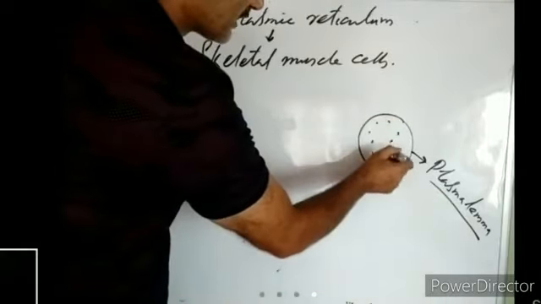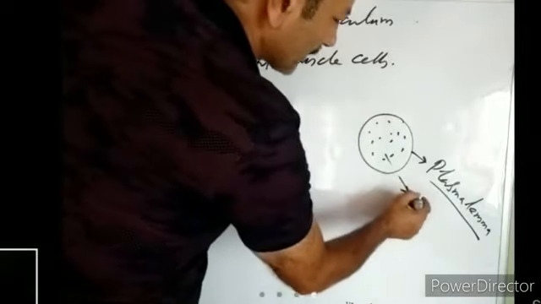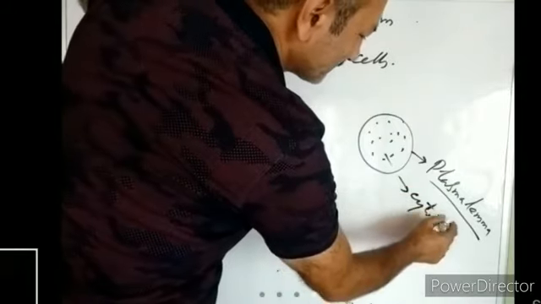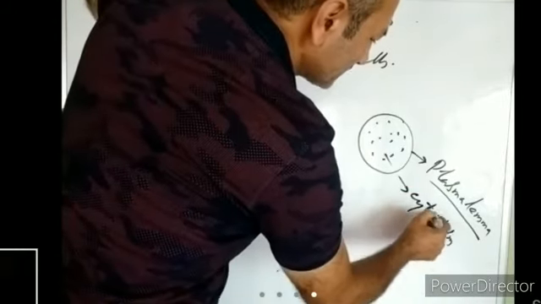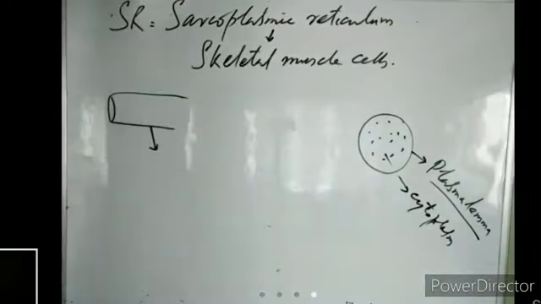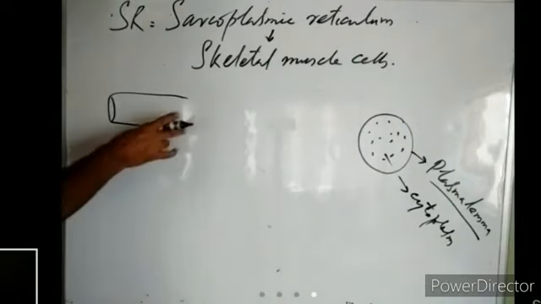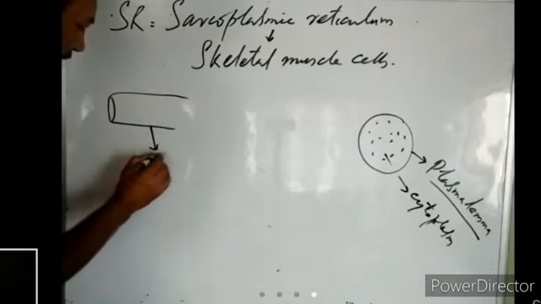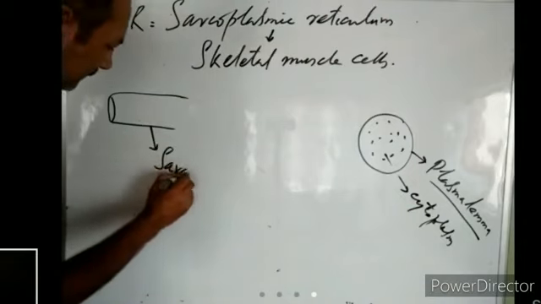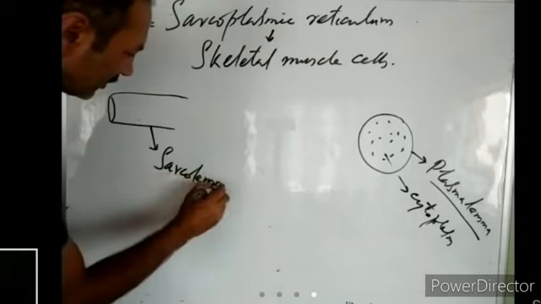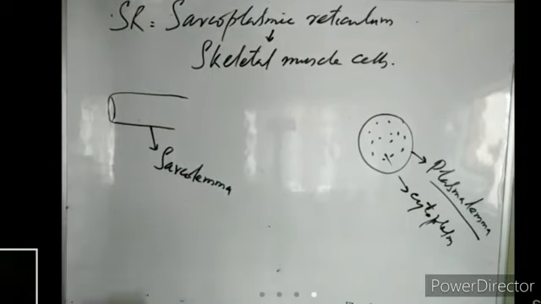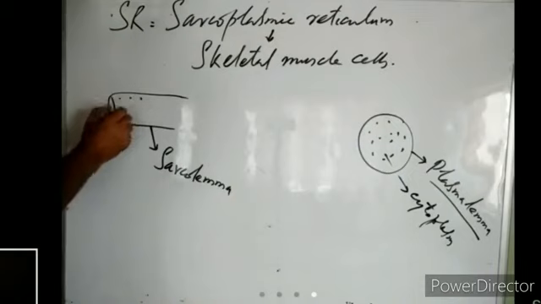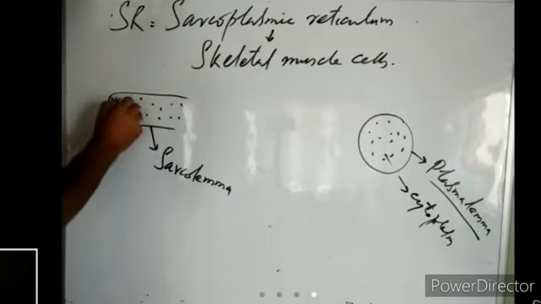Cytoplasm of a common cell is known as cytoplasm. Right? But in muscle cells, the terminology is different. In muscle cells, the covering membrane of the cell, that is plasma membrane, is known as sarcolemma. The cytoplasm of a muscle cell is known as sarcoplasm.